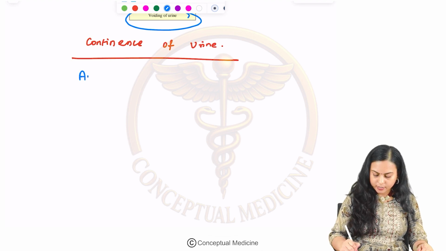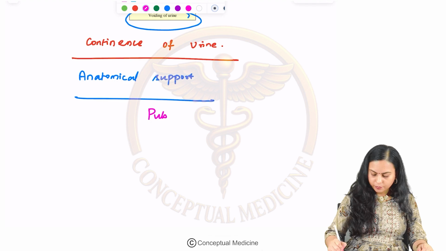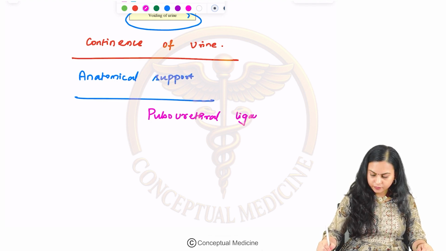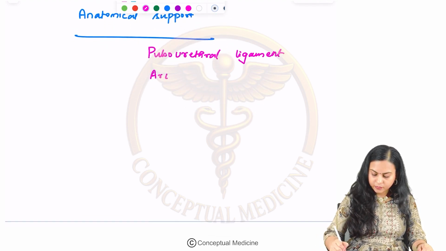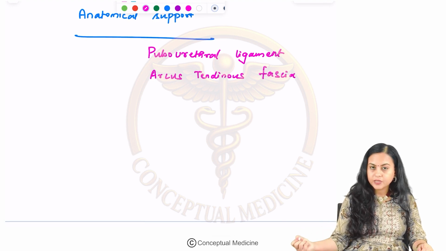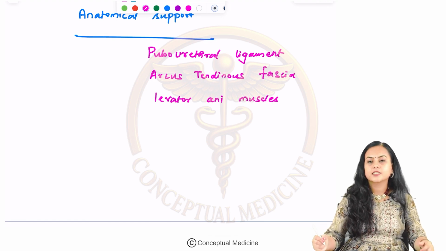One is your anatomical support, which will include your pubo-urethral ligament, arcus tendineus fascia, and your levator ani muscles as well.